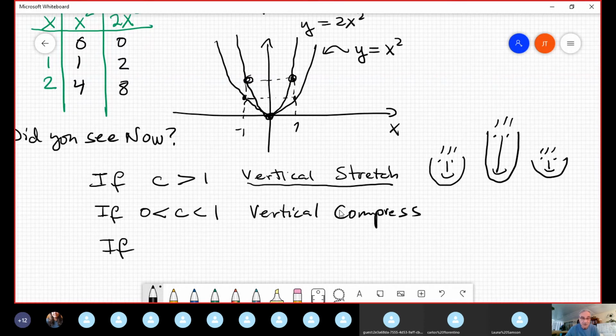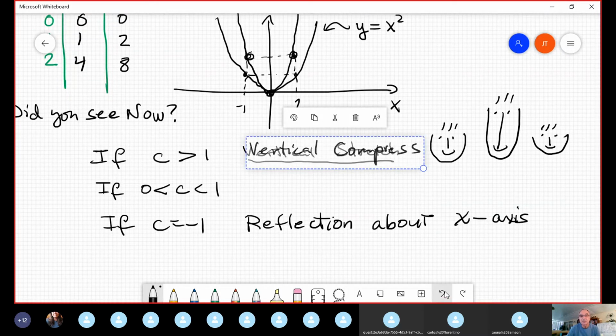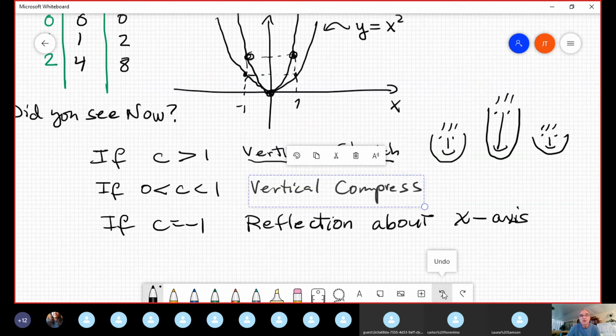And if C is -1, it is reflection. But be careful, it's reflection about the x-axis. What does about the x-axis mean? I made a mistake, undo again.